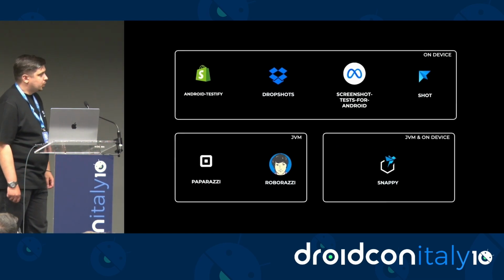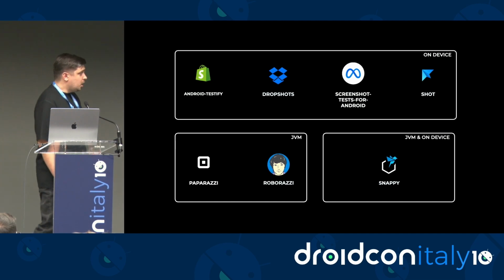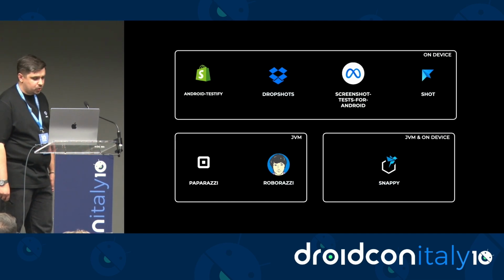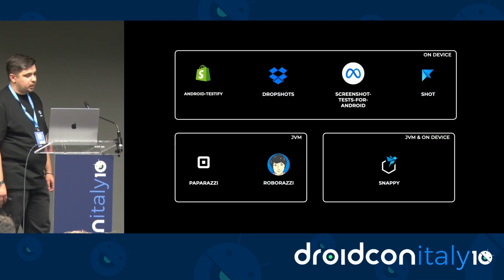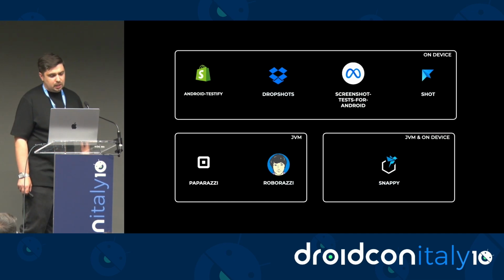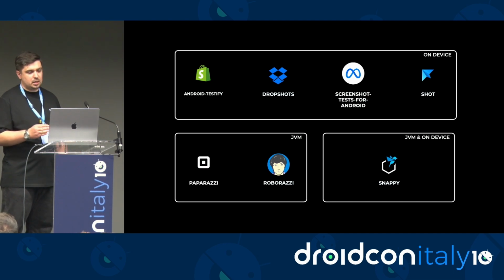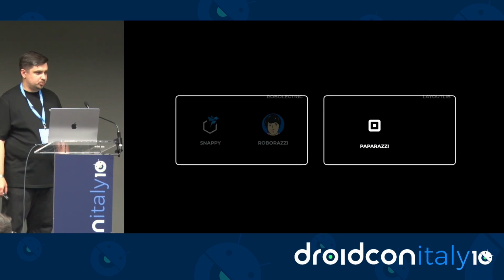First of all, some of them require a device to start, and they always give you better results, but they will be slower because they need a device. From the other side, we have frameworks which can be executed on JVM. It's Paparazzi and another one, and we have Snappy, which can be executed both on device and JVM. The main idea here is that even if Paparazzi and Snappy can be run on JVM, they work completely differently.